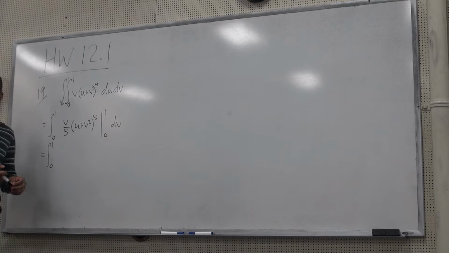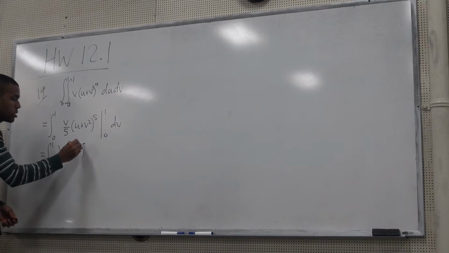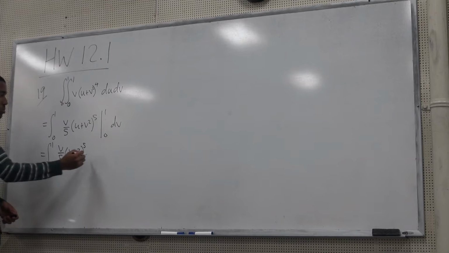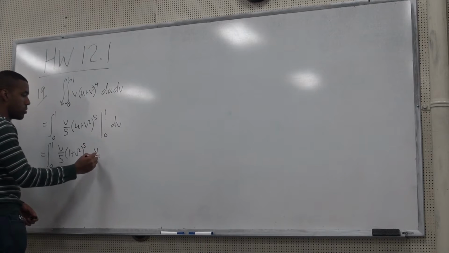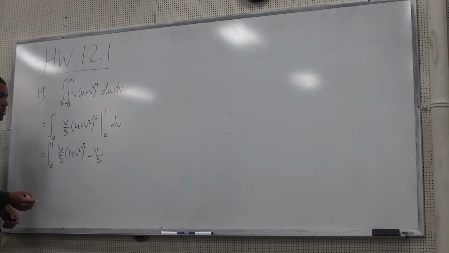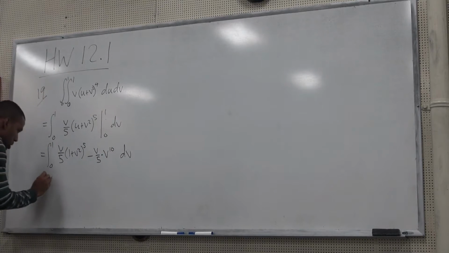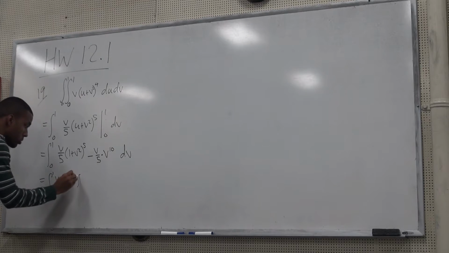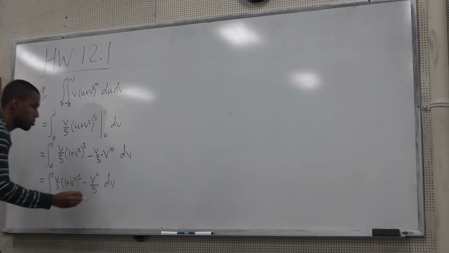V over 5, 1 plus v squared to the fifth, minus v over 5 times e to the 10. So this is v over 5, 1 plus v squared to the fifth, minus v to the 11 over 5 dv.